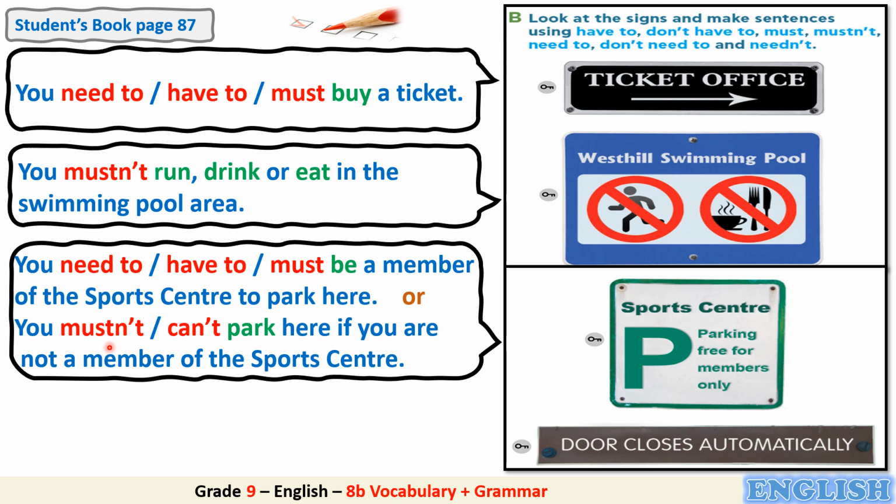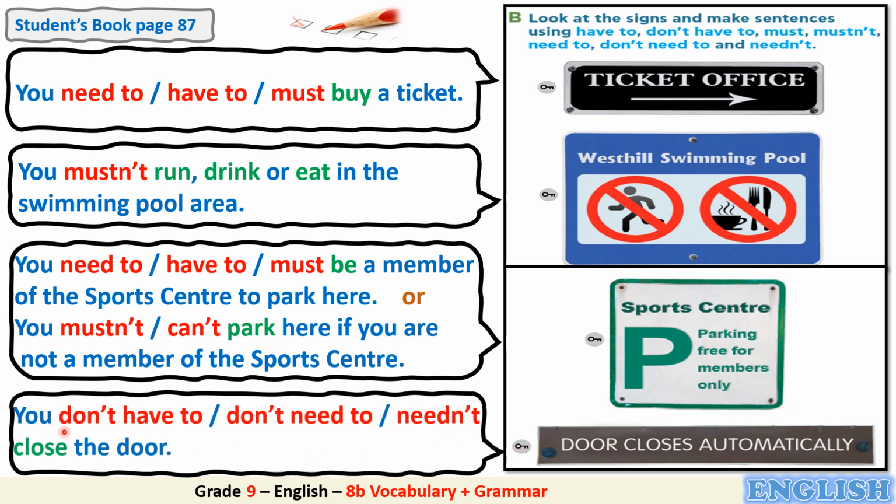And we use mustn't and can't to express prohibition. The last one. You don't have to, don't need to, or needn't close the door. Here we use these verbs to express lack of obligation or necessity. Well done, my students.